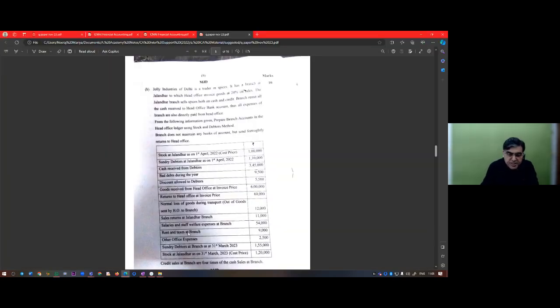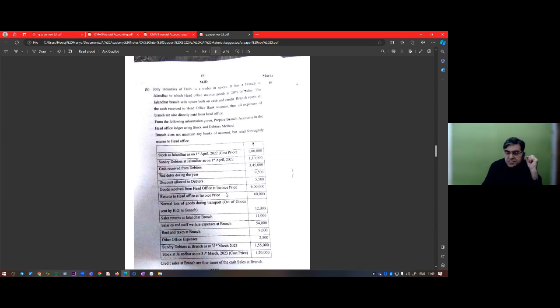Returns 60,000. Normal loss of goods during transport out of goods sent by head office to branch.